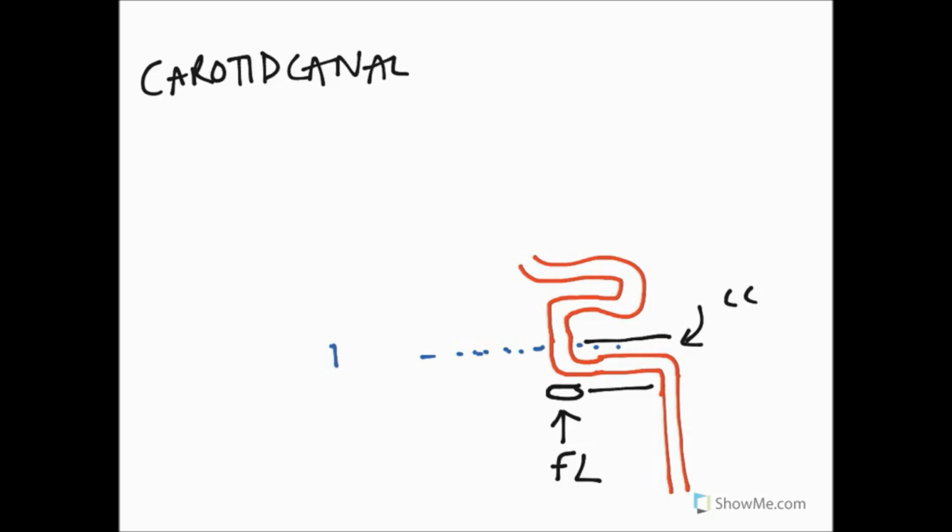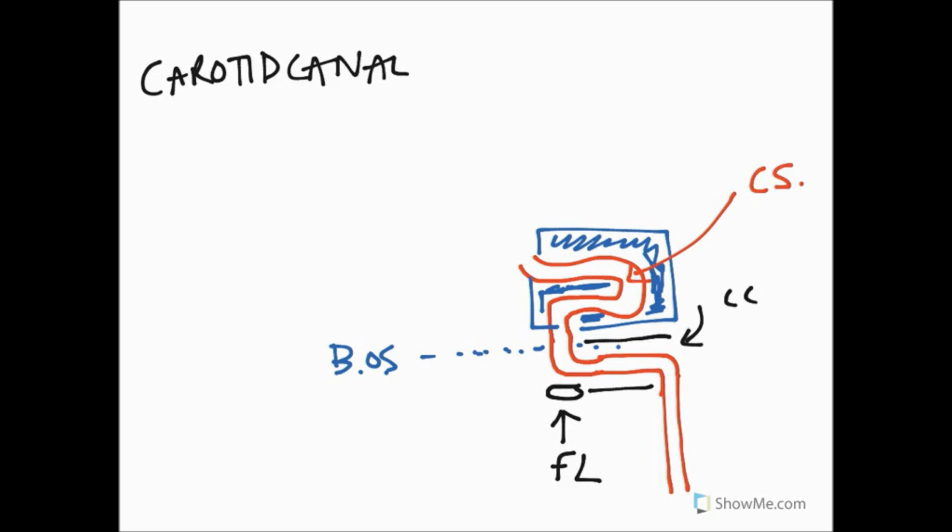So this is the base of the skull, BOS for base of skull, and inside there, this is the region where it's actually inside the cavernous sinus, so we expect to find venous blood surrounding it in chambers in this region in here, and this shape in here, this is the carotid siphon, so we put CS for carotid siphon there.